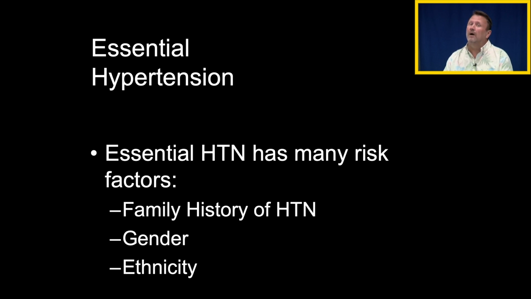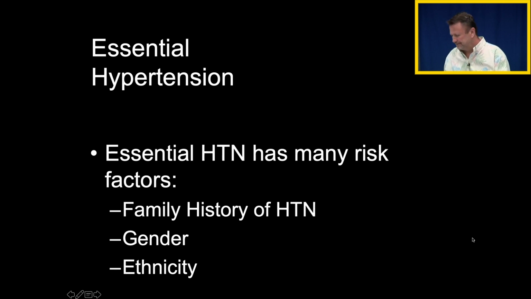However, all ethnicities have a very high risk of essential hypertension, and the lethality, the morbidity and mortality for lack of treatment remains the same. So there's plenty of high blood pressure for everybody, regardless of your family history, gender, or ethnicity.